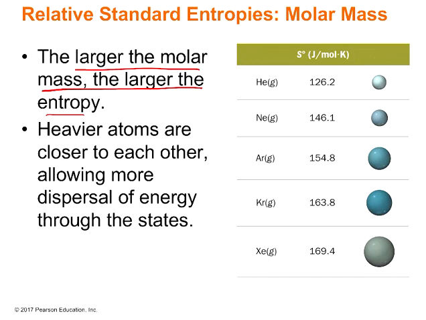Helium also has the smallest standard molar entropy, 126.2, and xenon has the largest, 169.4. The reasoning behind this is a little beyond where we're at in chemistry, but in general, heavier atoms will be closer to each other in the gas state because they are so large, and that's going to allow more dispersal of energy.